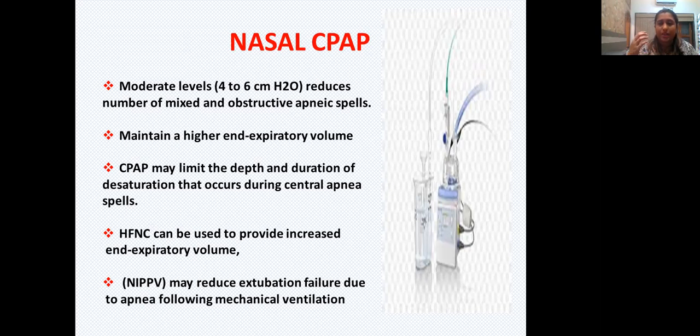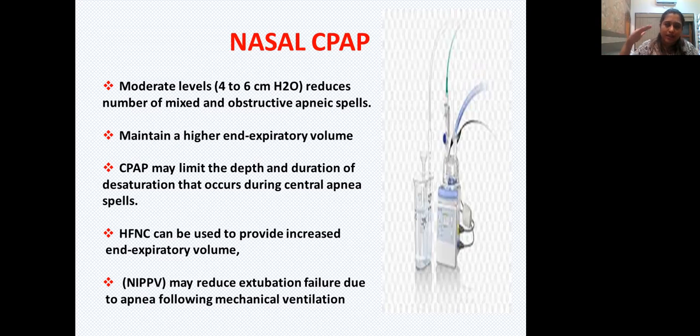So it just supplements inspiratory efforts that are already present in the baby. But if there is a central cause of apnea and there is no inspiratory effort itself, there is no use of increasing the PEEP, and there is no use of CPAP in that case.